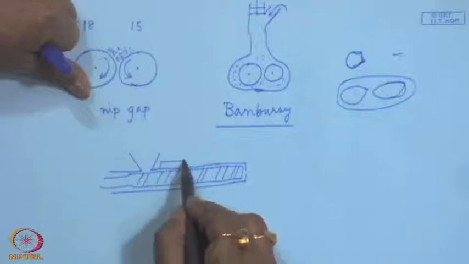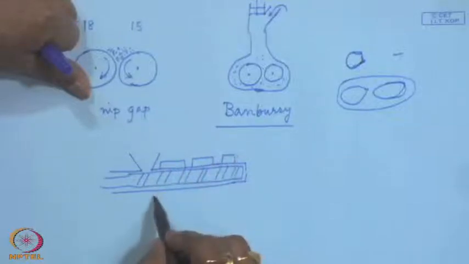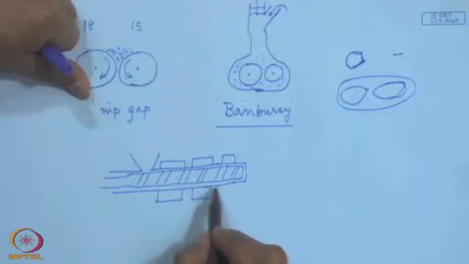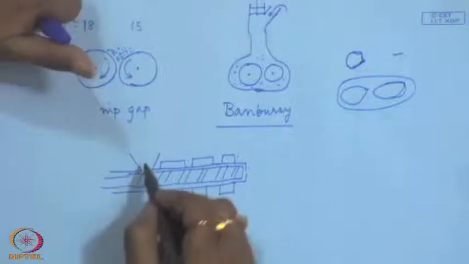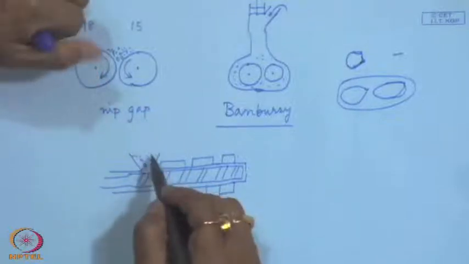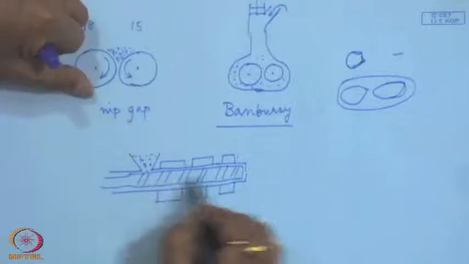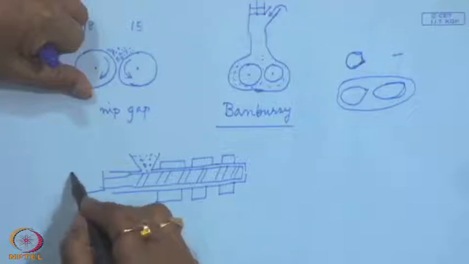This barrel has different heating zones provided with heaters. Material is inserted from the hopper into the extruder and the screw flights are there, rotated by a motor.